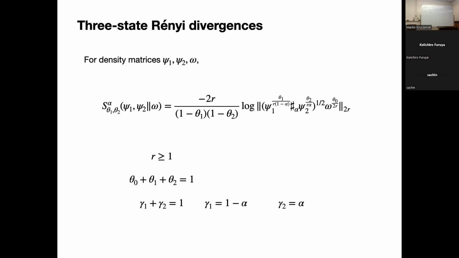So we have this here. So if you have sigma, rho minus r, rho minus r, where alpha is a real number.